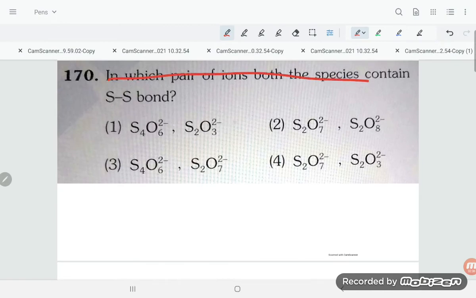In which of the following ion both species contain SS bond? Okay, so we have to check out. SS bond we have to find out, students. See this option, this option itself is correct, student.